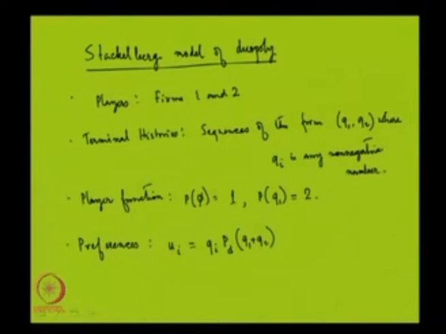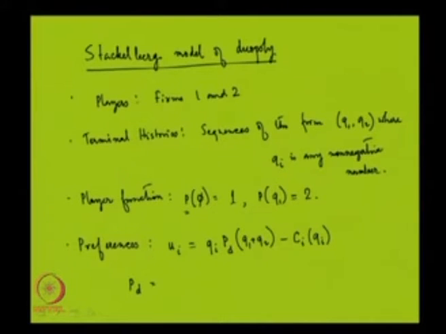So, this Qi multiplied by PD, where PD is the inverse demand function. Remember previously I was using the notation P, not PD, but here I have P already, the player function. So, I am using a different notation PD for the demand function, minus the cost, which is given by Ci(Qi). The cost of firm i depends on the output that it is producing.